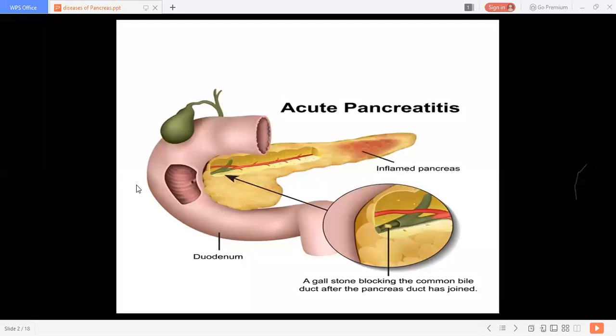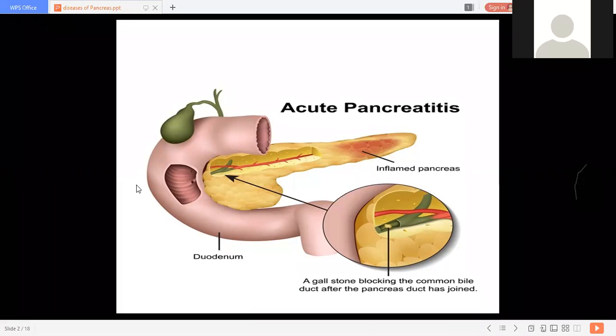The next time we are going to discuss disorders of the gallbladder, that is cholelithiasis and cholecystitis. Cholelithiasis is gallstones and cholecystitis is inflammation of the gallbladder. These two things we will discuss in our next lecture.